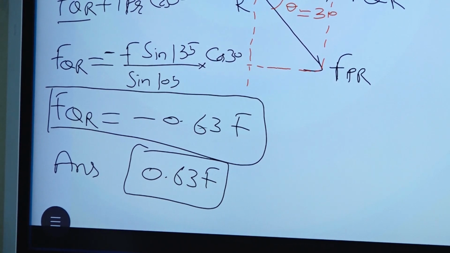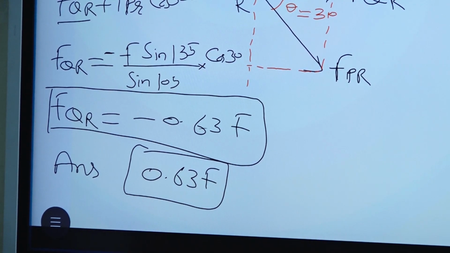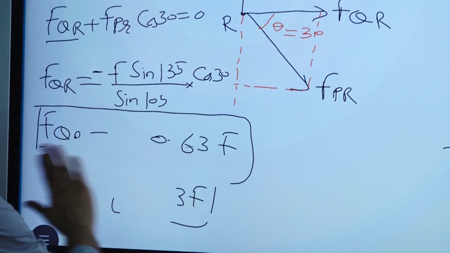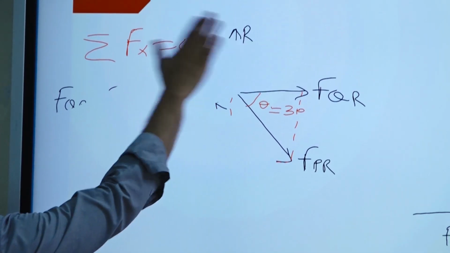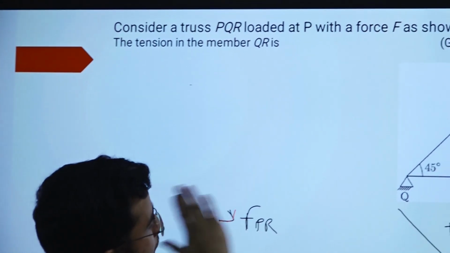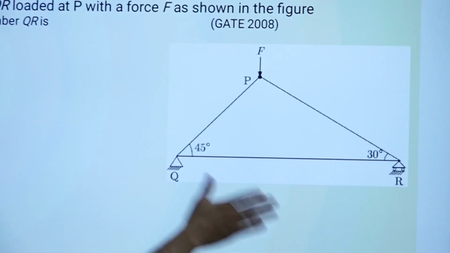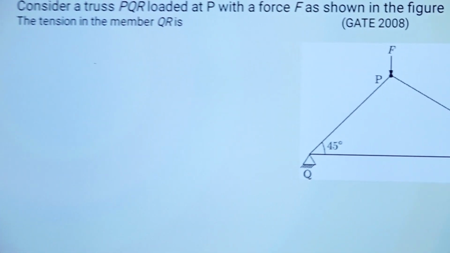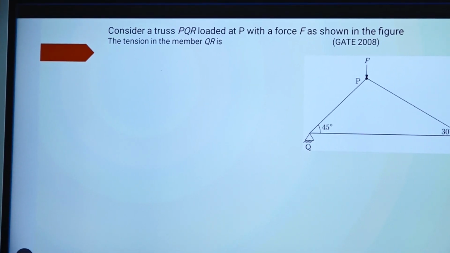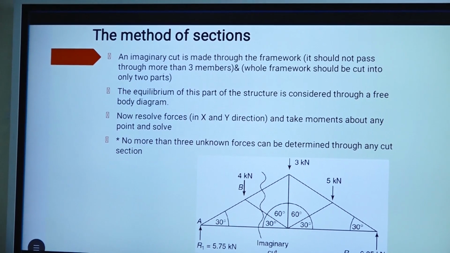Now let us move to another method, that is the method of sections.